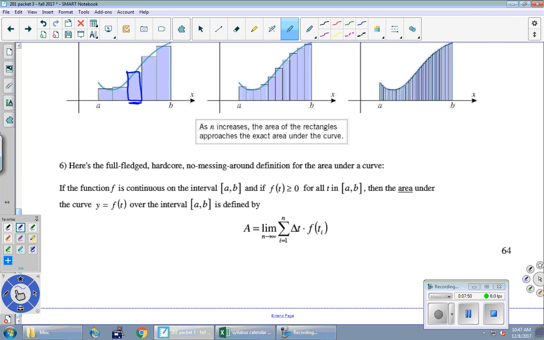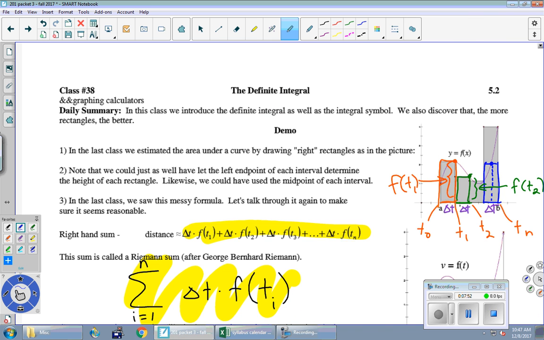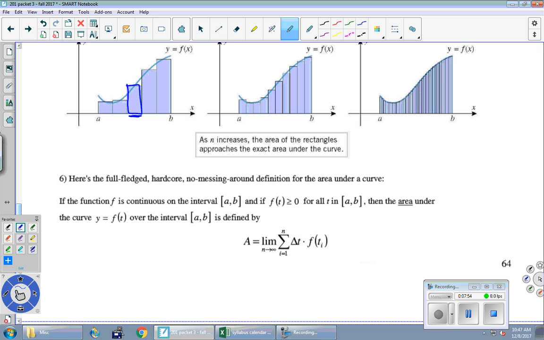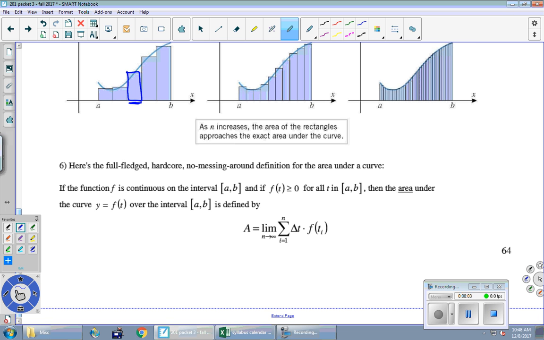All right, so putting it all together, here is the full-fledged, hardcore, no messing around definition for the area under a curve. I'm just gonna jump to the symbol. It says that area equals, all right, we're just gonna go piece by piece here. This is the width of a single rectangle. This is the height of a single rectangle.